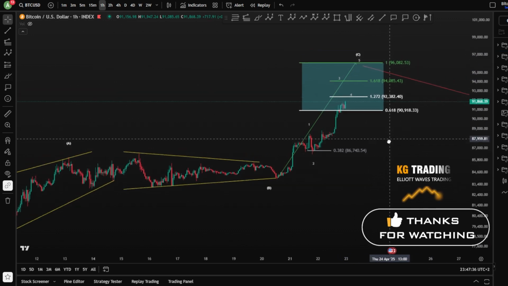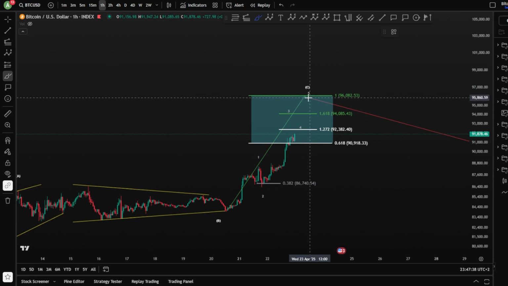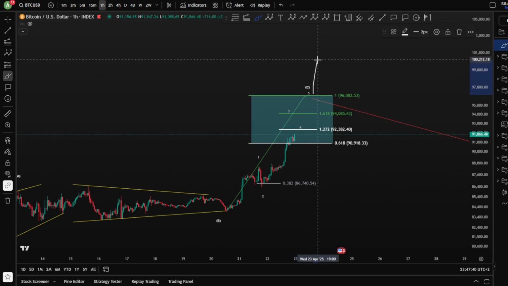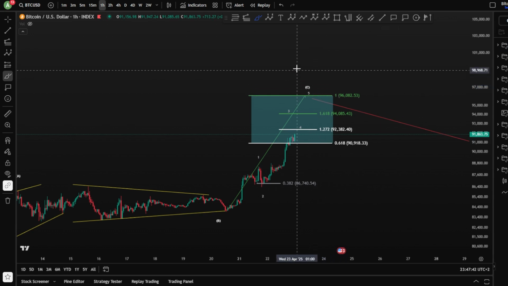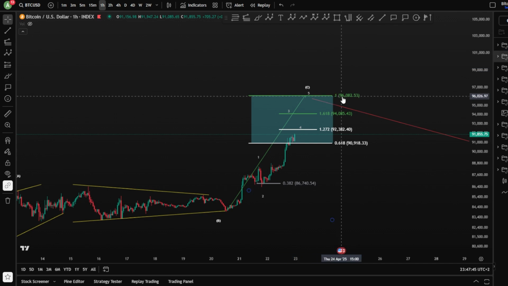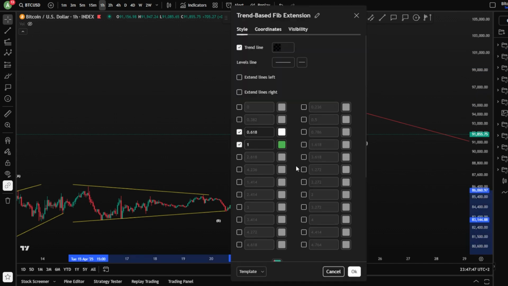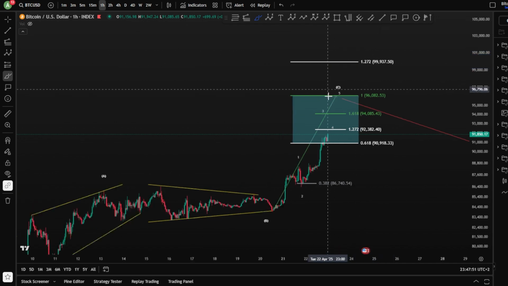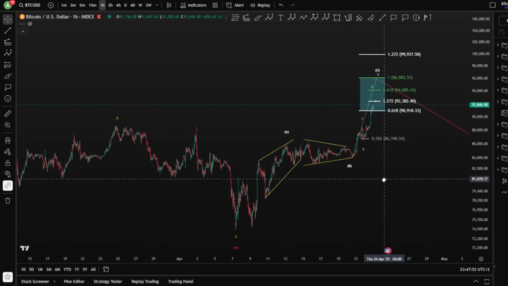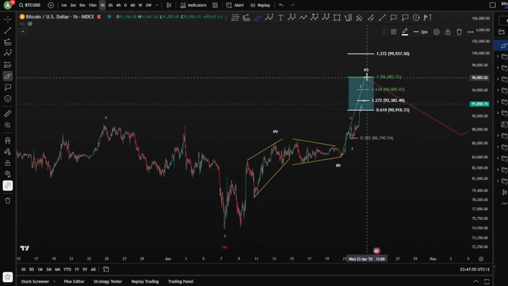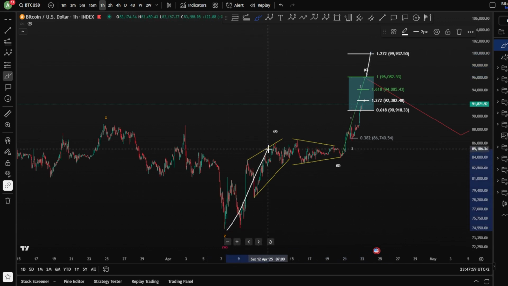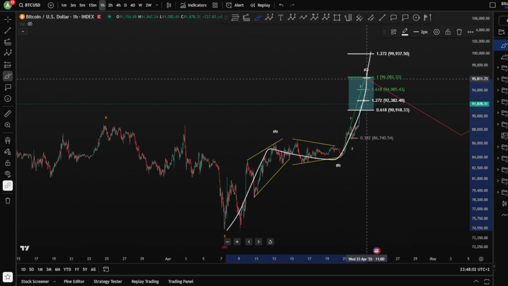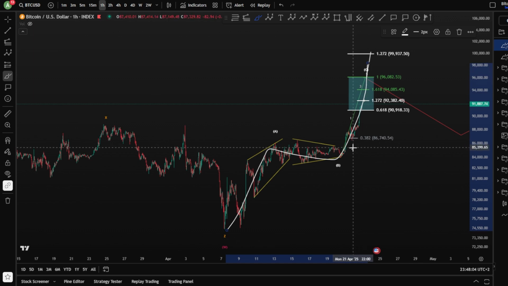Now, the last scenario that might unfold after this 1-to-1 fib level. If you hit the 1.27 here, that will unfold a wave 3. What does it mean? If we see the price overshooting the 1-to-1 fib level toward the 100k, that means you are in a 1-2 and potentially wave 3 toward the upside.